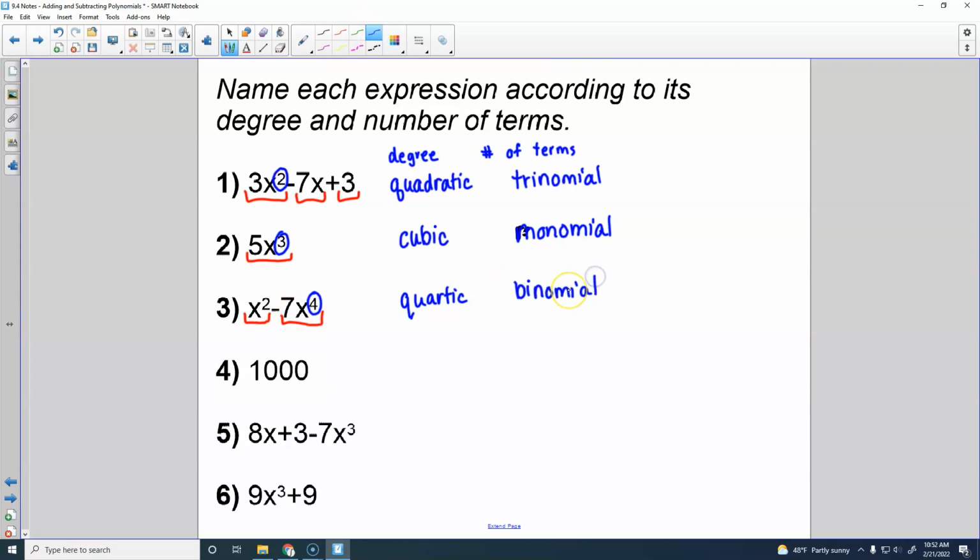All right, Julian, help me on the next one. What's my degree on that? I've got 1,000. Right, I've got a degree of 0 because I don't have any variables at all, right? What's the special name if I have a degree of 0?